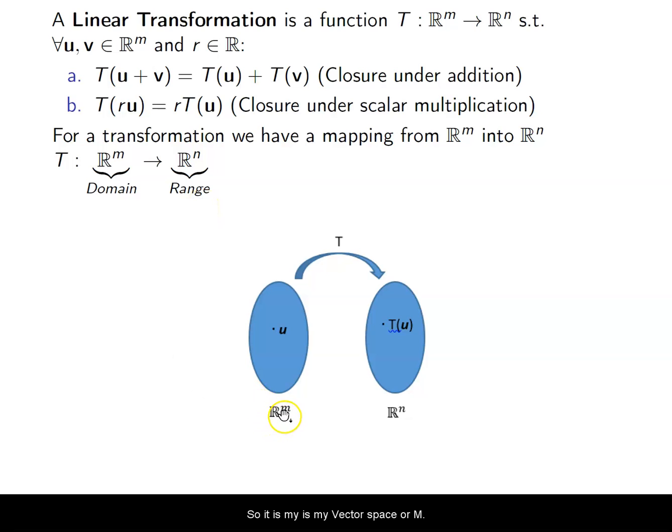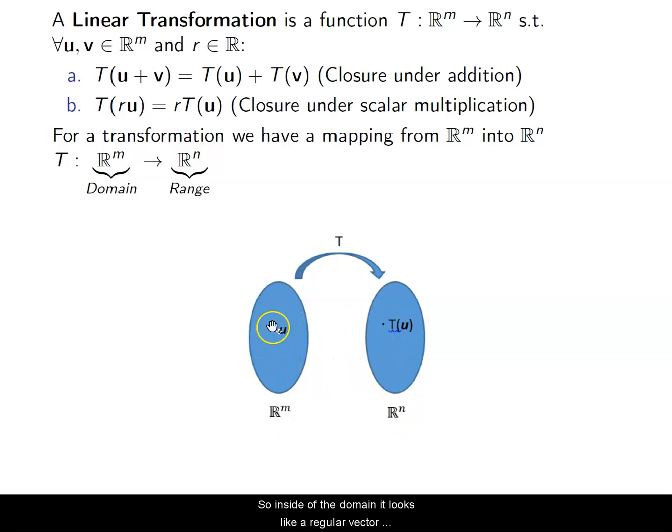So if this is my vector space, Rm, right? So everything in here is a vector that has m components, and everything in here are things that have n components. My transformation takes the things from here in the domain and it sends them to the range.